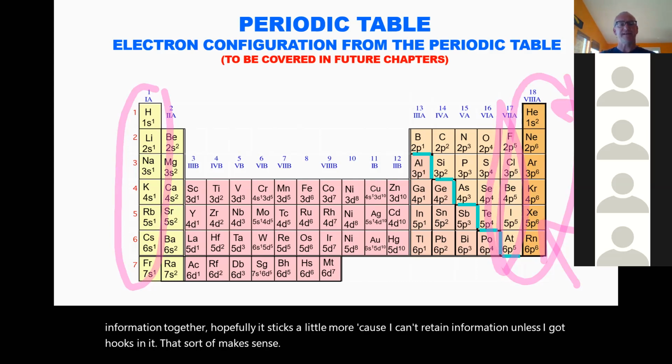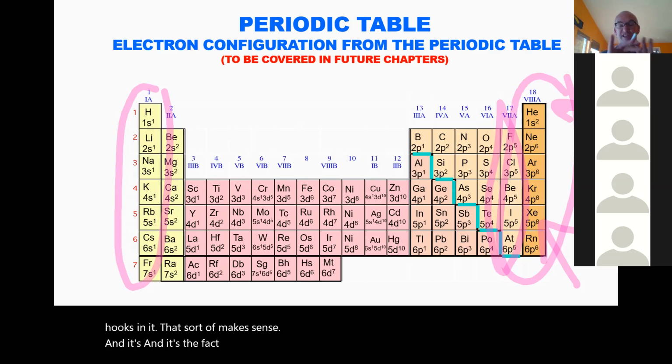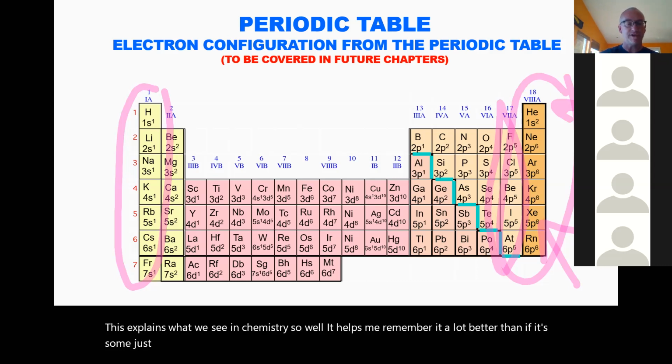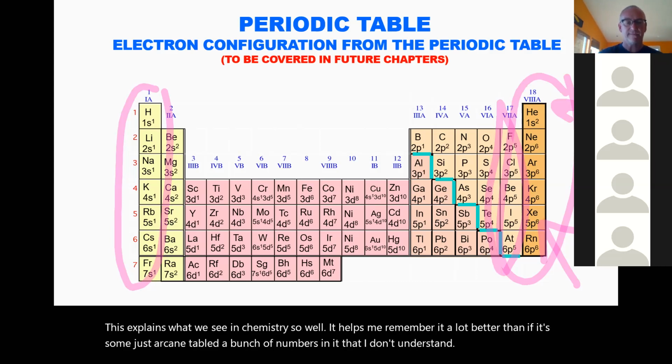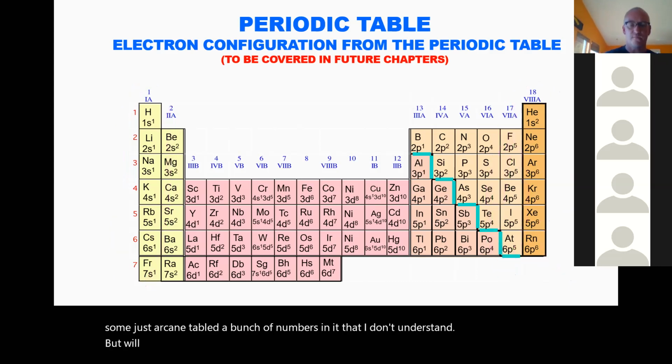And it's the fact that this explains what we see in chemistry so well, it helps me remember it a lot better than if it's some just arcane table with a bunch of numbers in it that I don't understand. But we'll have time to go over this more.